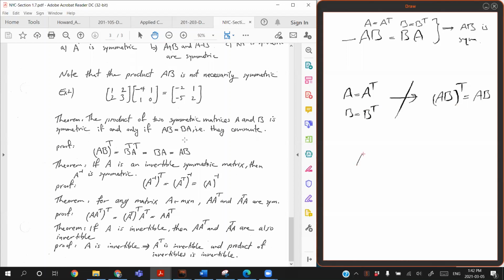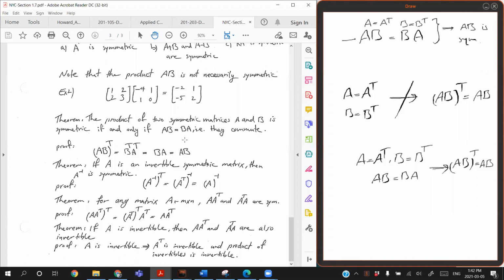However, if you know that A is symmetric and B is also symmetric, and you also know that A and B commute, that is AB is equal to BA, then that implies AB is also symmetric, that is AB transpose is equal to AB.